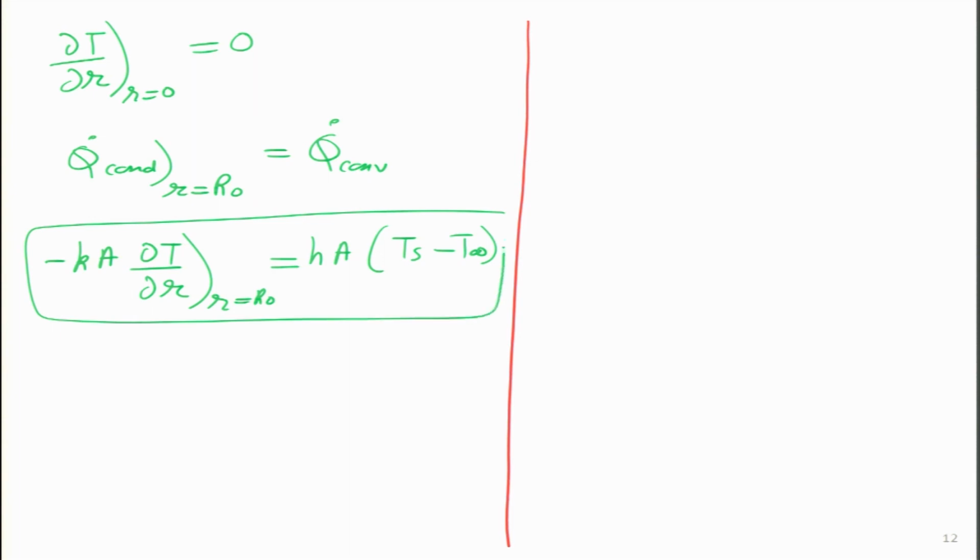By applying these two boundary conditions and solving, we will be able to figure out the values of C1 and C2, and eventually we will get something like this.